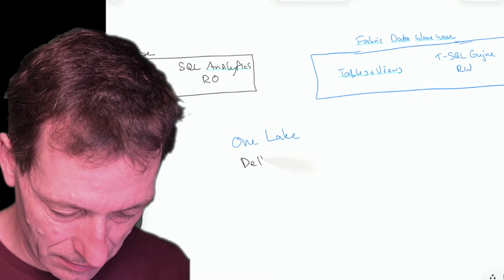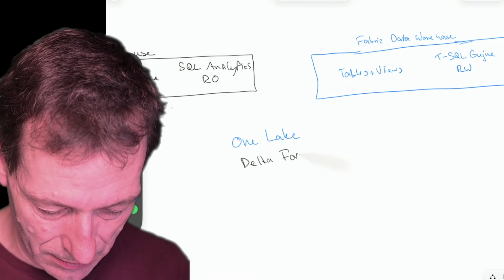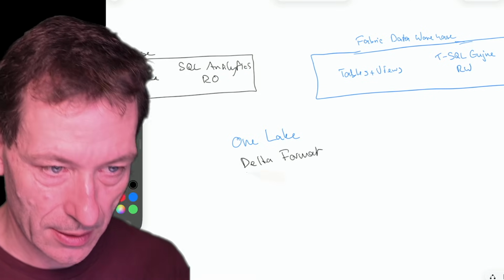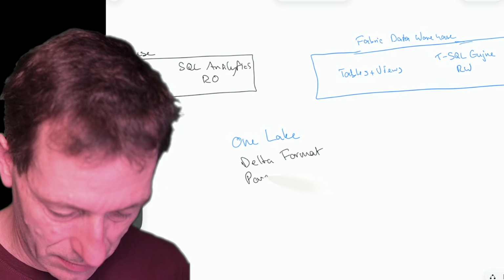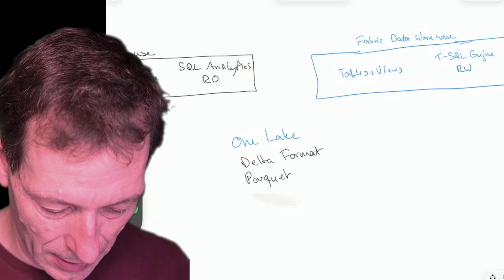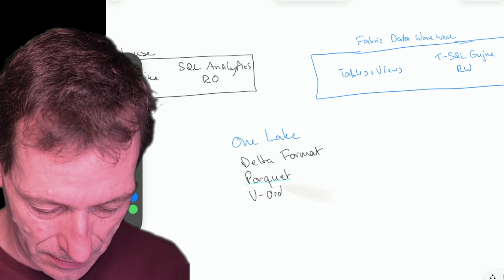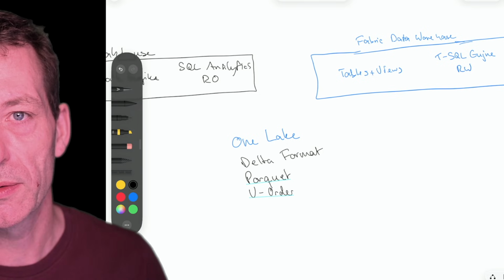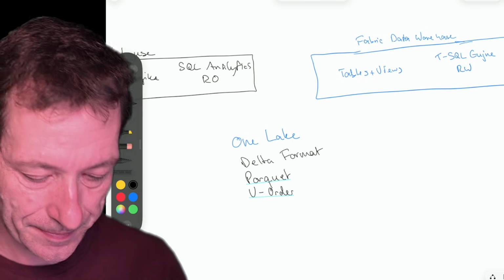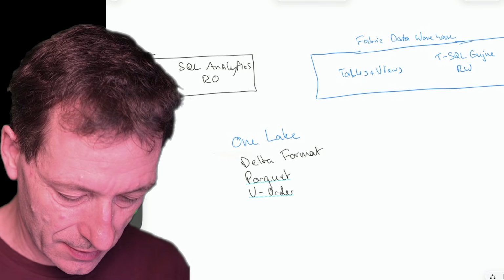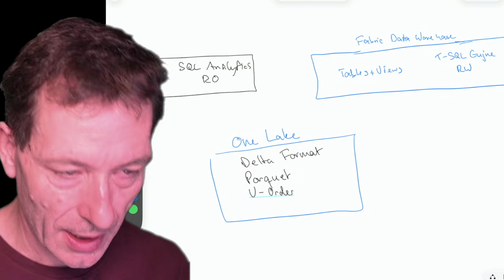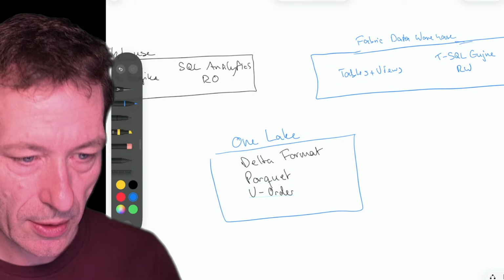Delta, Parquet, and V-order. V-order is very important for the performance. So this is the OneLake, and both work with that OneLake.